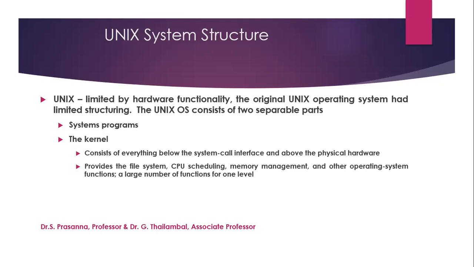So all these facilities are given by the Unix system structure. File system and memory management can be maintained using the Unix system structure itself, and other operating systems can be executed, and the CPU can also be scheduled by the system structure of Unix.